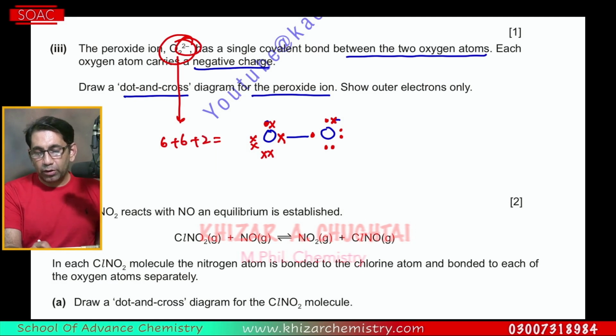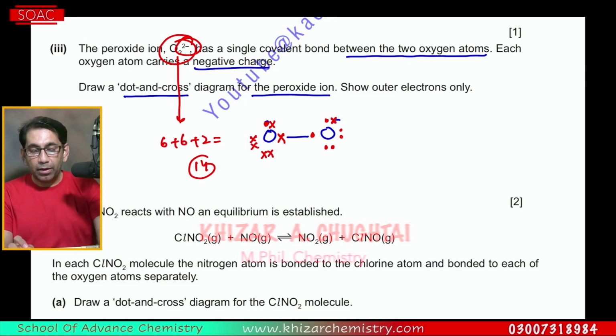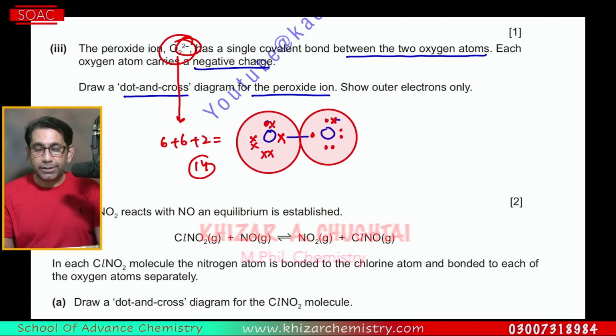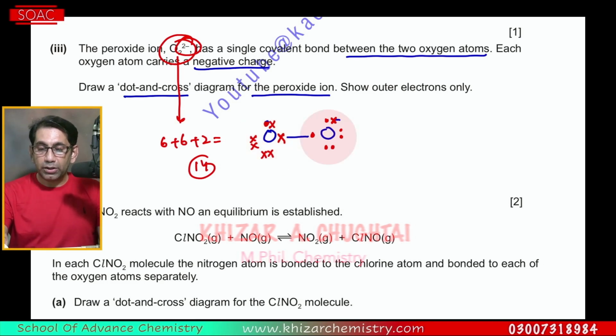So the total number of electrons should be equal to 14. You can count, there are 14 electrons. The next thing is to complete the octet for each and every atom, and here it is. They both have a complete octet.